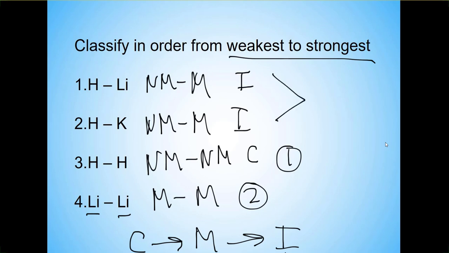So again, we rank strength by difference in electronegativity when you subtract the values. So you could go and look at the values, but I see that lithium is above potassium on the periodic table, so it should have a higher number. My potassium should have a lower number. And so my greatest difference is going to be with that potassium. And so I'm going to have that as my strongest bond. So that would be the fourth. And so that would make the lithium hydrogen come in as the third weakest.